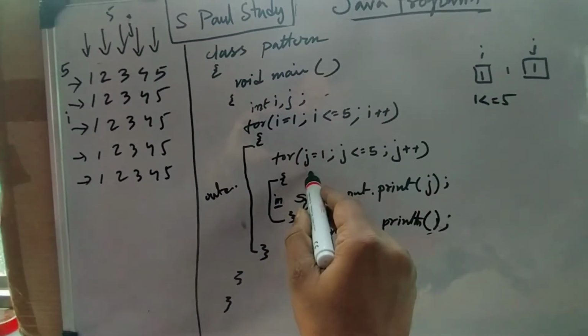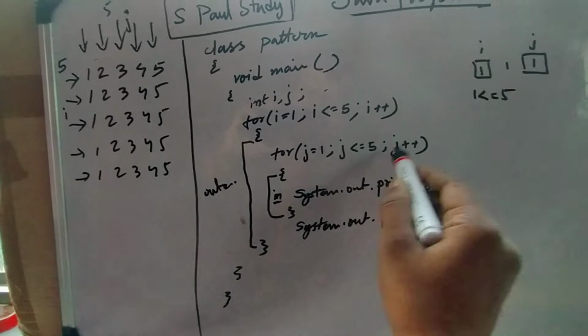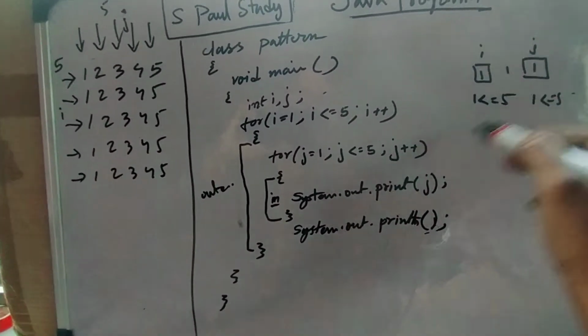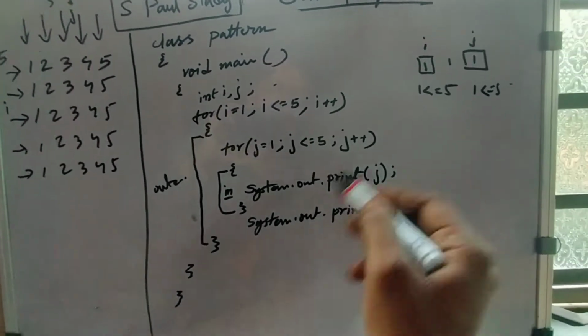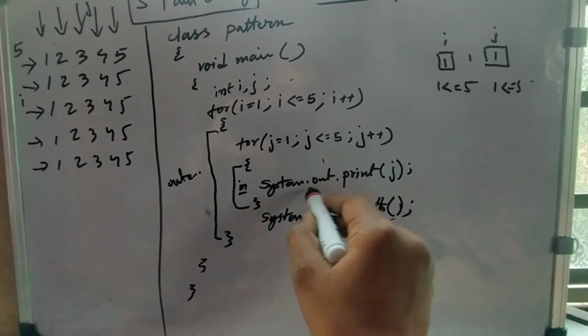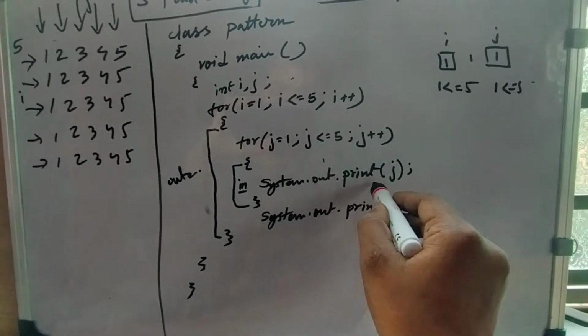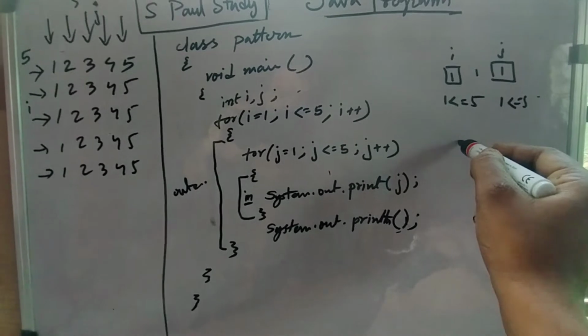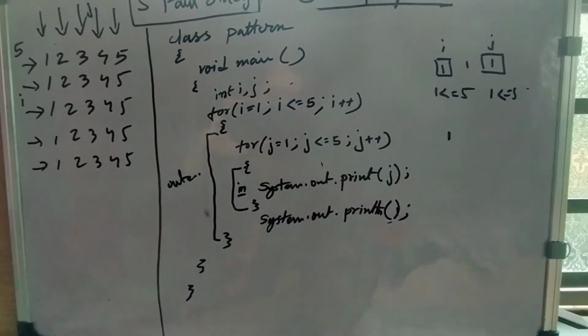Then j checks with 5, 1 less than equals to 5, yes, then it comes down and sees system.out.print j, j is 1, hence it prints 1.